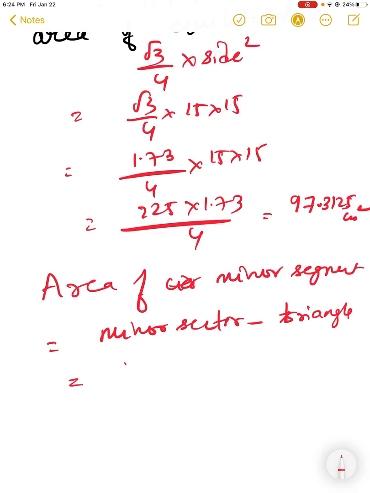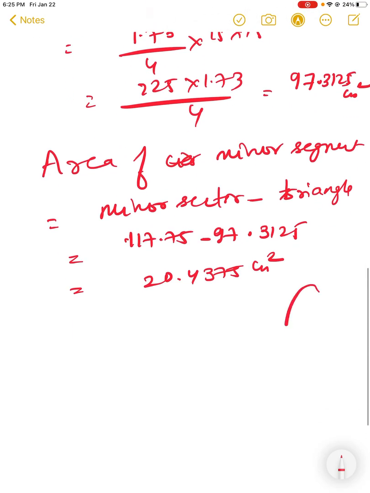The area of the minor sector we have got is 117.75, minus this 97.3125. If you subtract, you will get 20.4375 centimeters square. So now the minor segment area has come.